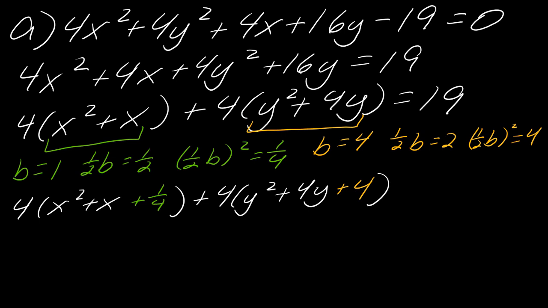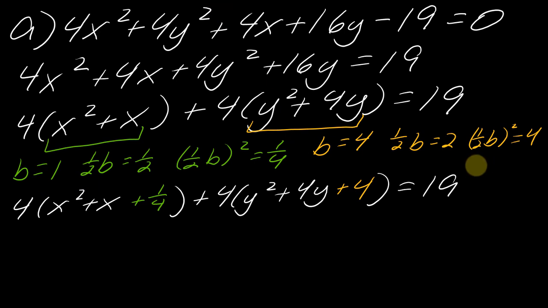Now here's the deal. We've got this 19 on the other side, and I have to keep this equation balanced. Normally I would just add the 4 and the 1/4 to the other side. But in this case, remember we have these 4's in front. Ultimately, all of this gets distributed back in. I want you to visualize that eventually we would distribute that 4 back in.